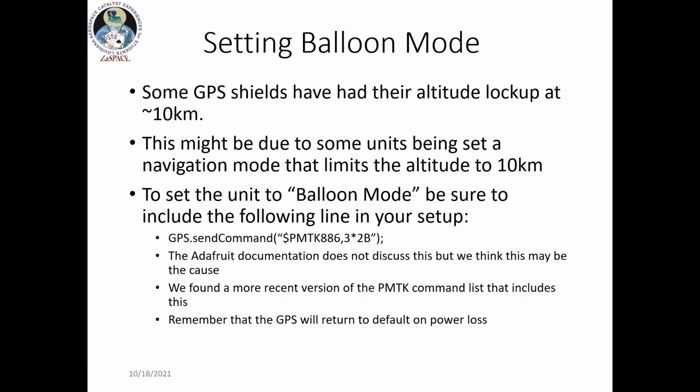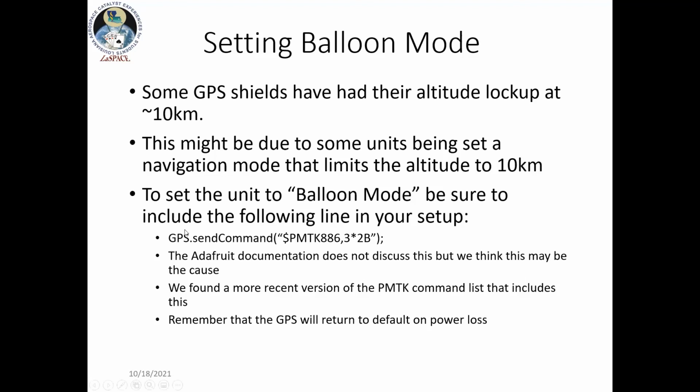One of the reasons it took us so long to figure this out is there's nothing in any of the Adafruit documentation or the library documentation about this particular command. It's not one of the predefined ones. I basically had to go digging around in the manufacturer's specs, and I found a version that had this command listed.